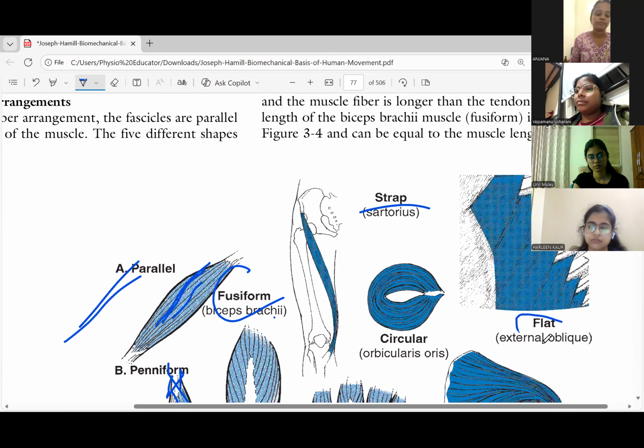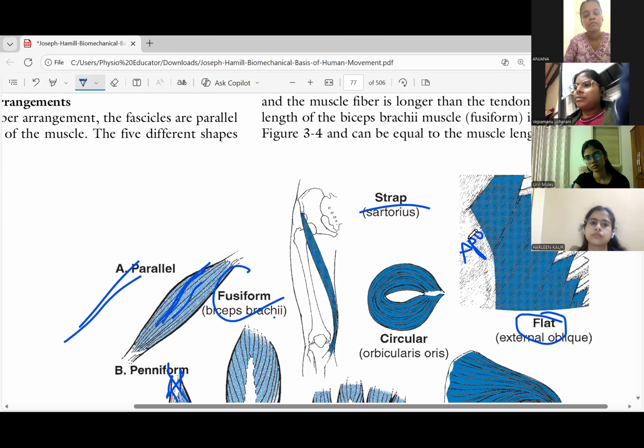What does flat muscle fiber mean? A muscle fiber which arises from aponeurosis, guys. Aponeurosis is a white tissue. Any muscle fiber arising from aponeurosis which is flat and broad in nature is called flat muscle fiber. Let me explain it one more time.